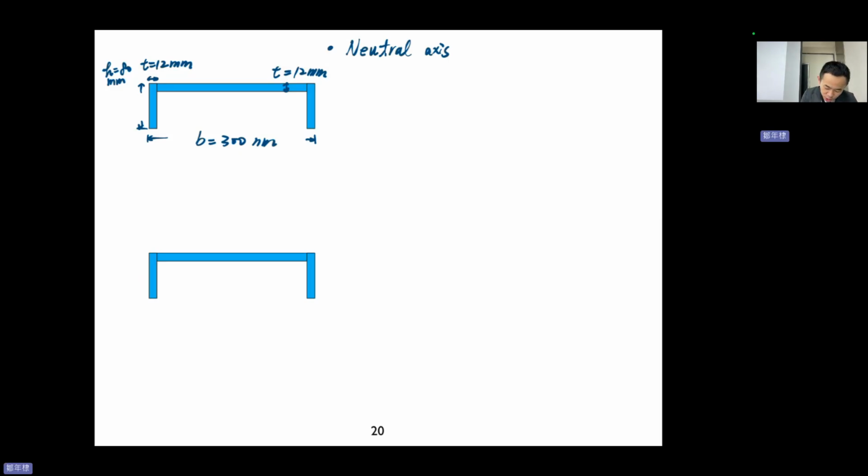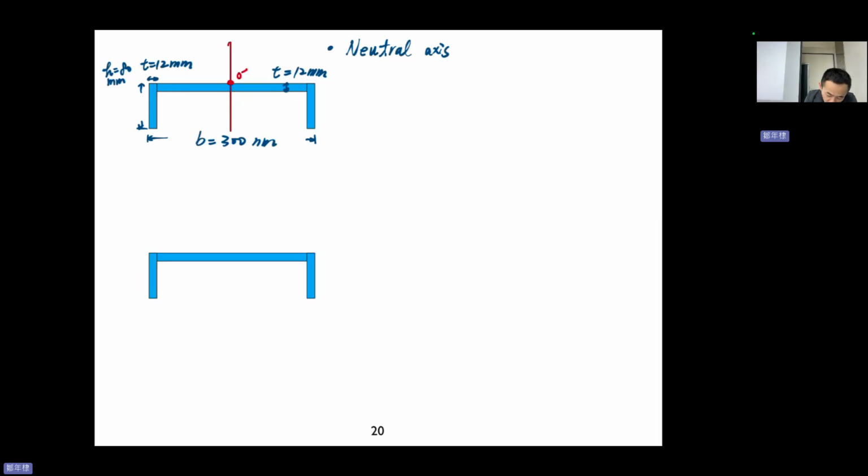Okay, I will choose this point, O plot. And you will know why I choose this. Why I don't choose this? I want to choose it here. You will know later. And of course, I will choose the middle because this is symmetric.